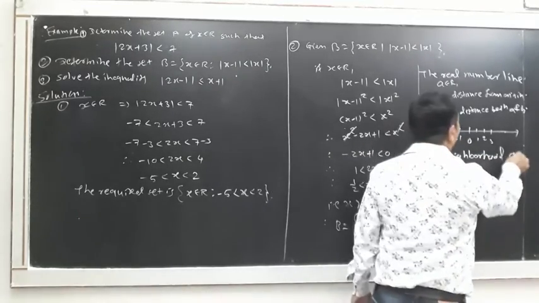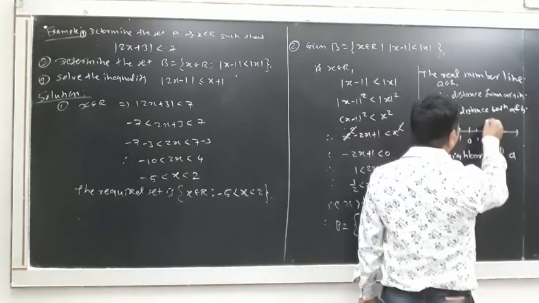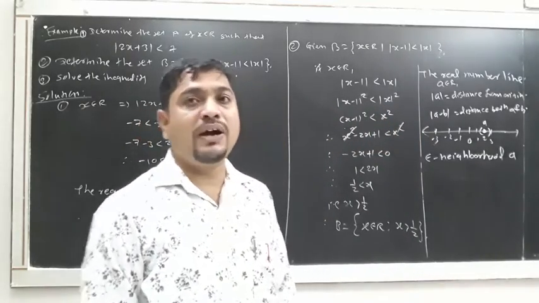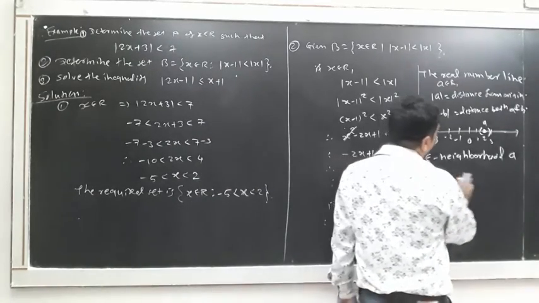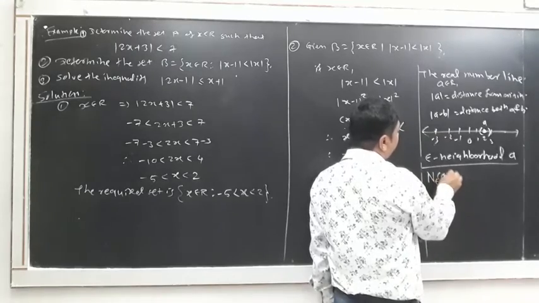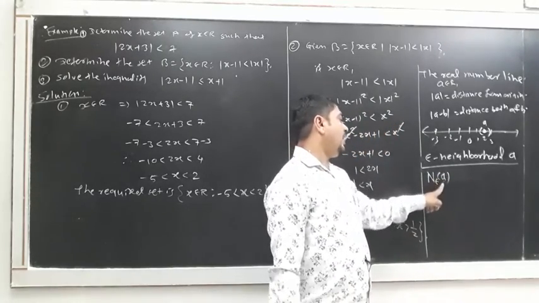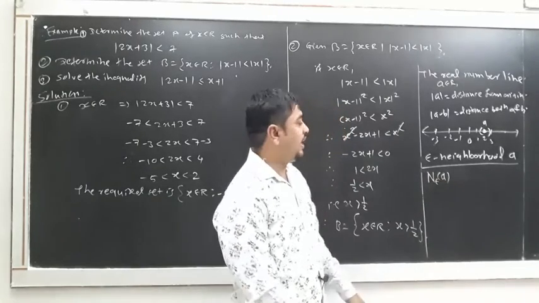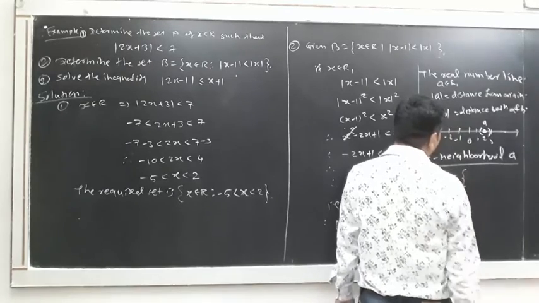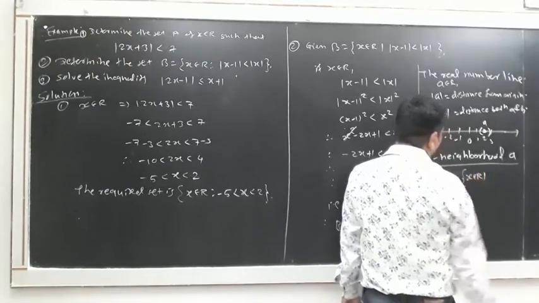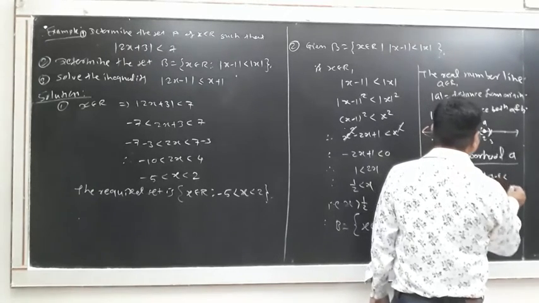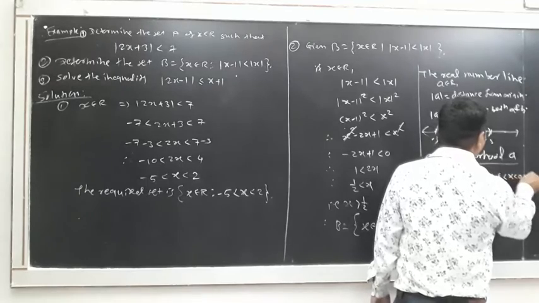Epsilon neighborhood of A. Suppose this is our A. The epsilon neighborhood of A is the set of all points nearby A. It is denoted by N epsilon of A, and it is the set of all points x belonging to R such that A minus epsilon is less than x is less than A plus epsilon.